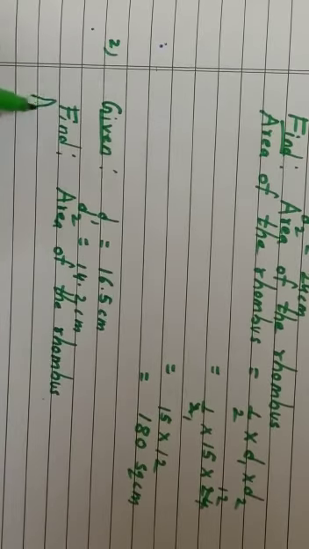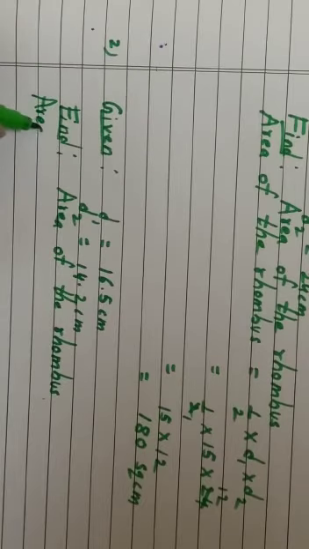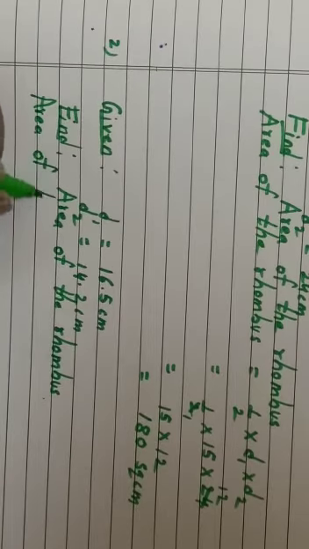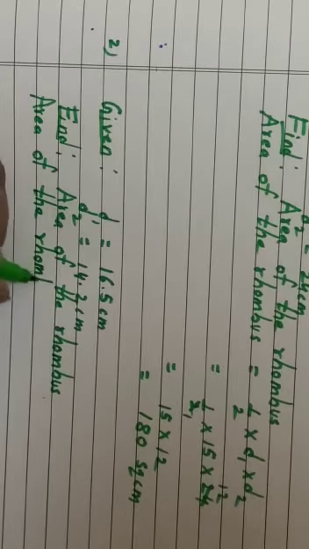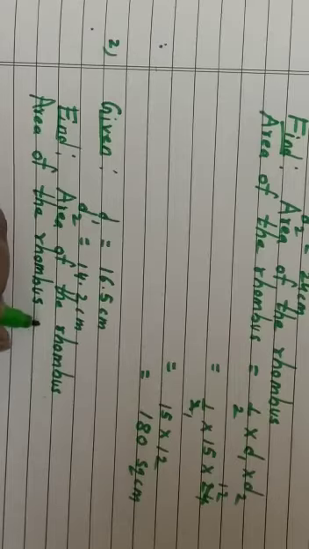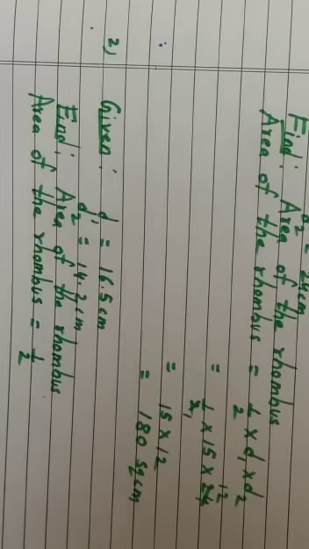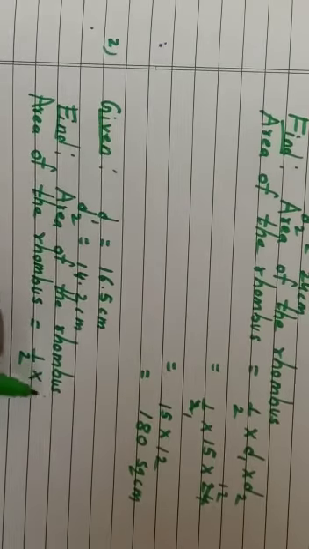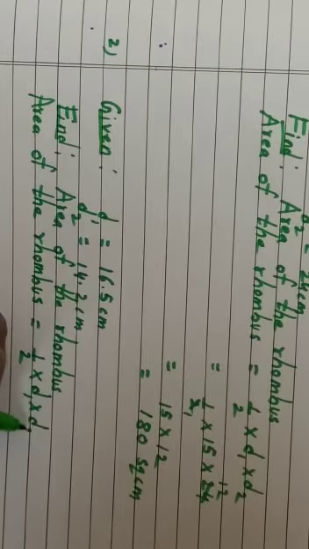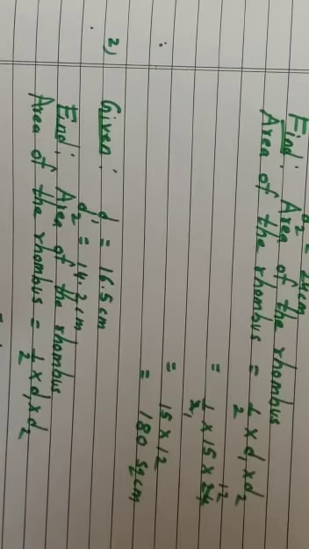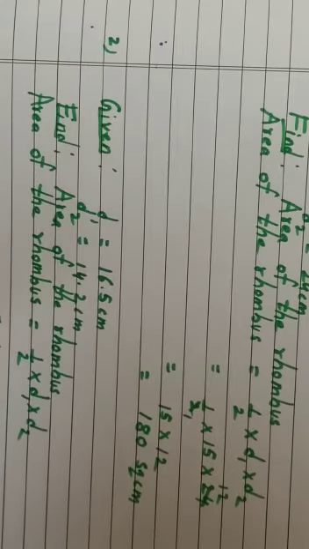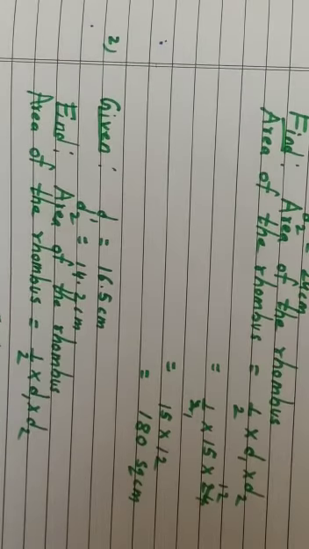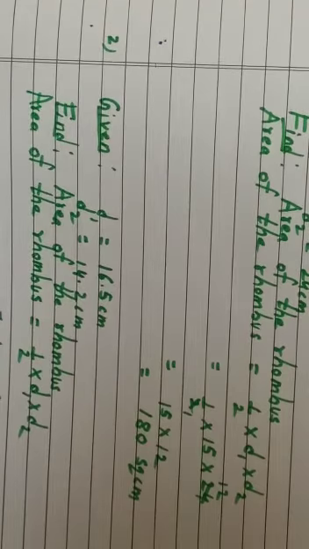Area of the rhombus is equal to half into d1 into d2, which is equal to half into 16.5 into 14.2.